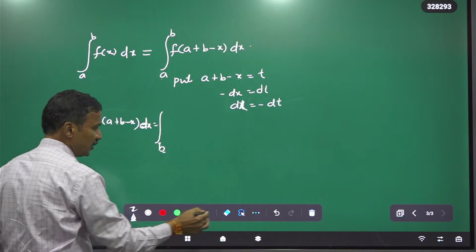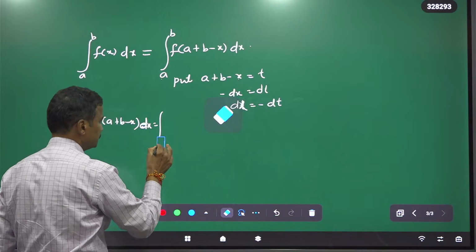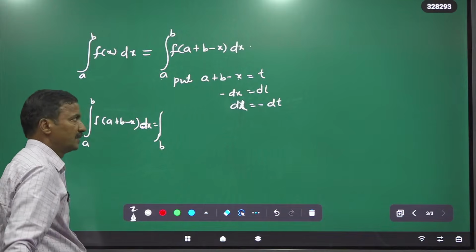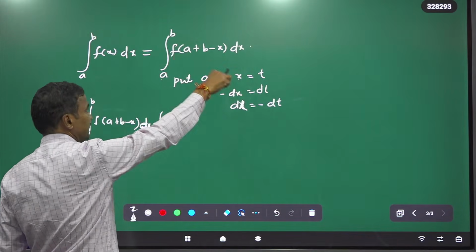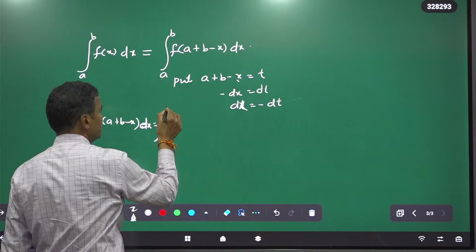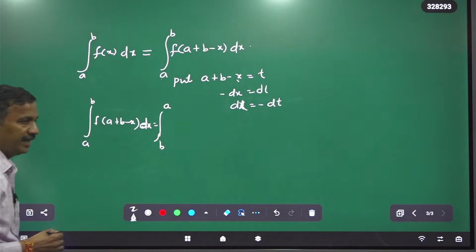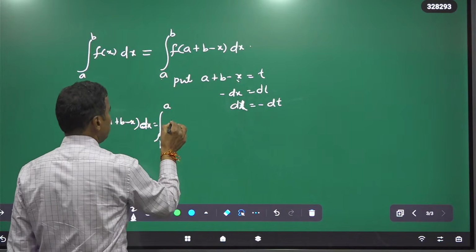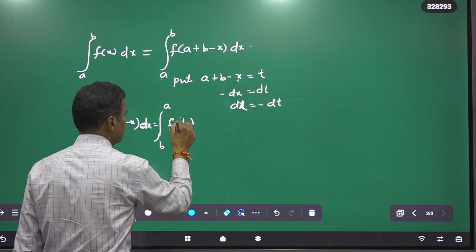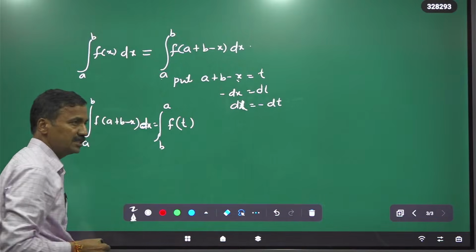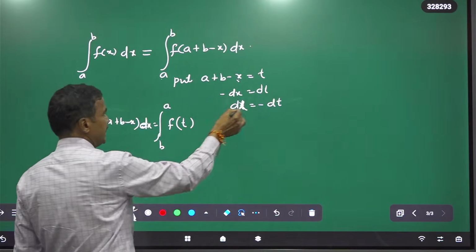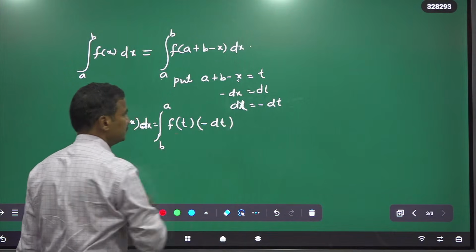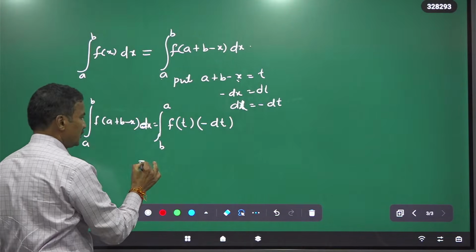If we substitute the upper limit of x, b gets cancelled and we get a, so the integral is from b to a. Therefore, the integral of b to a f of t, because we are substituting a plus b minus x equal to t, and dx is minus dt, so we write minus dt. So overall we get a minus sign.